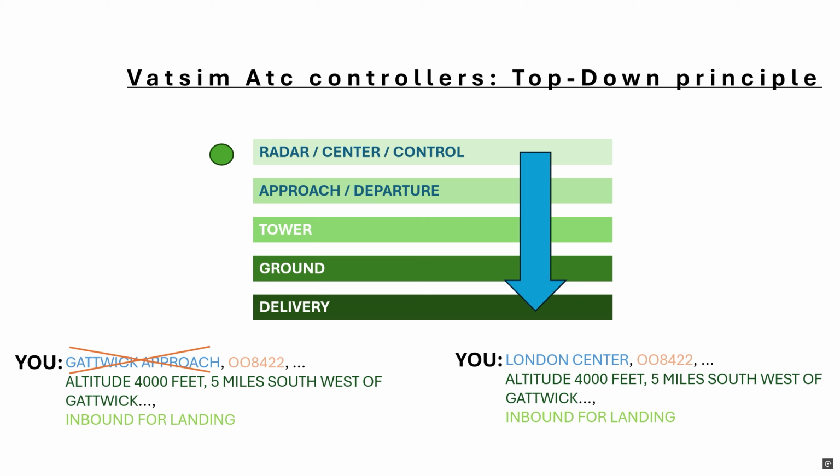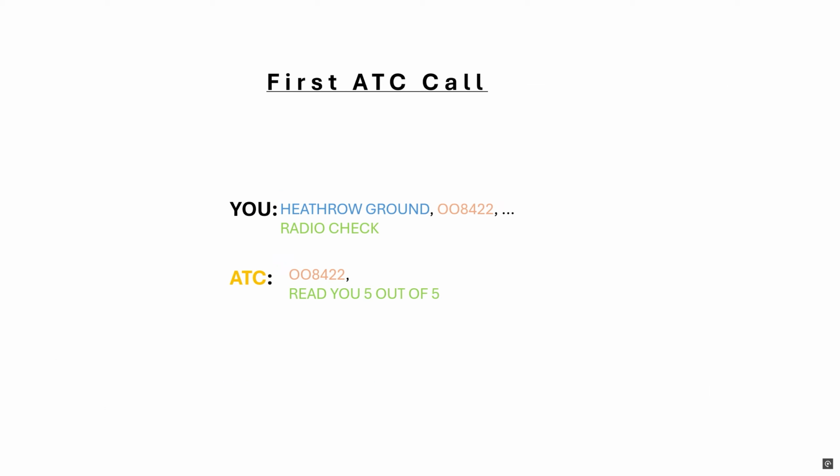But what you can do, if you look to my first part of this video tutorial, we'll see how you can connect actually from the flight simulator to ATC. Well, what you can do is try this, your first ATC call. Say that you're at Heathrow and Heathrow ground is available.